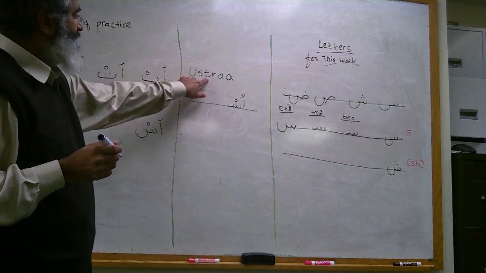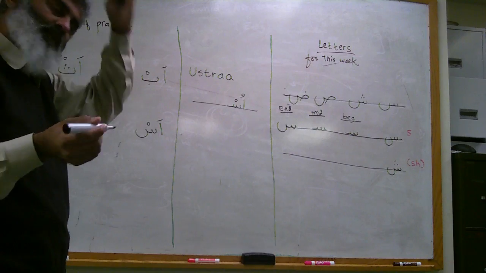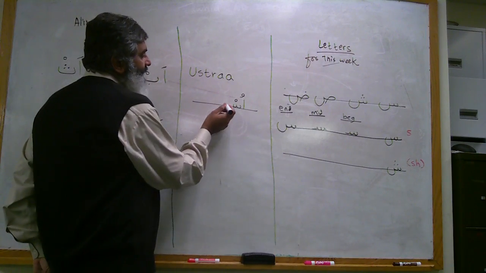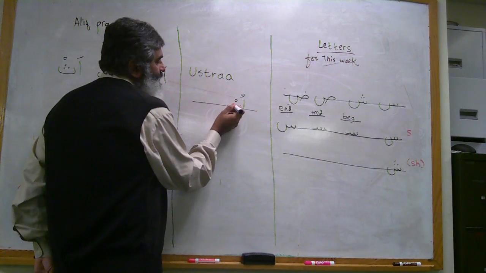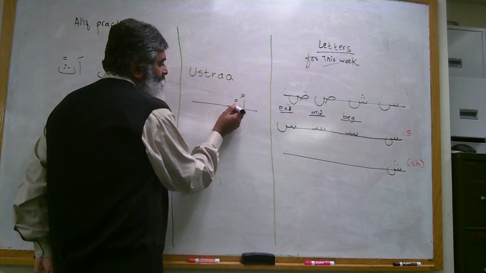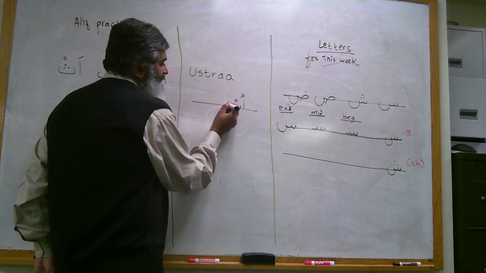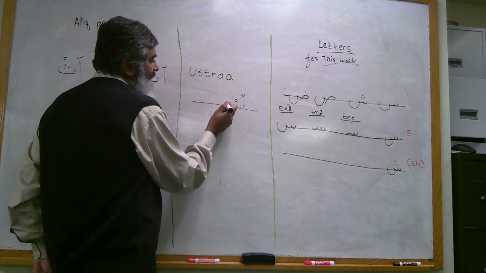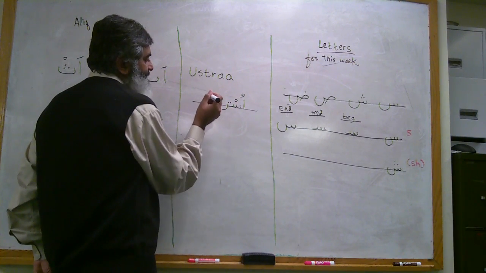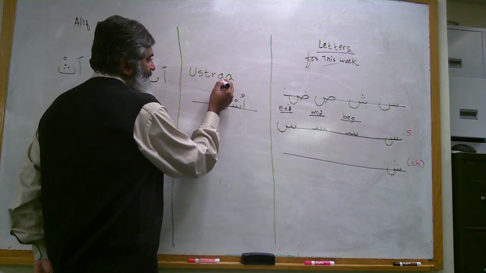After that, you have letter T, which is equivalent to Ta. So for letter Ta, we could use this part of Seen and just treat it as a Ta, and then we have Ra, like this, and finally we have Alif.